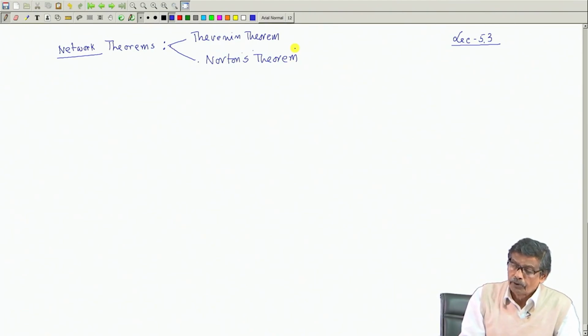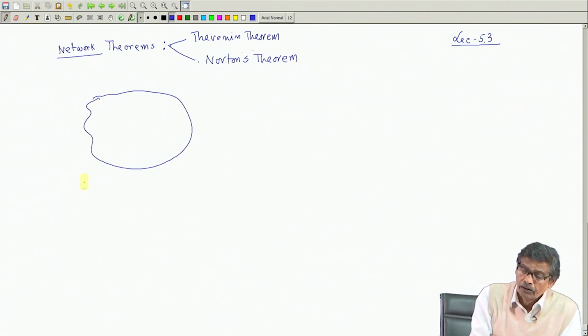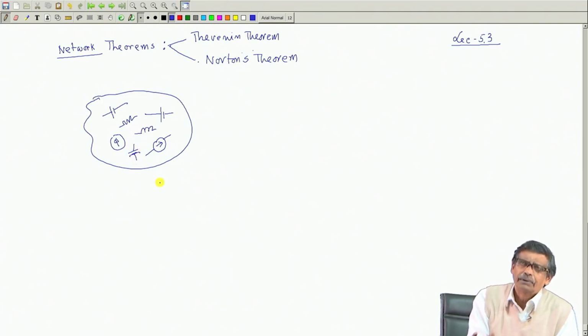So, what we do is this: suppose you have a network where there are several sources, both voltage and current sources, a number of them. Apart from that, there may be impedances R, L, C. Mind you, this is a symbolic diagram. All these things are interconnected in a particular fashion, as happens in any network.